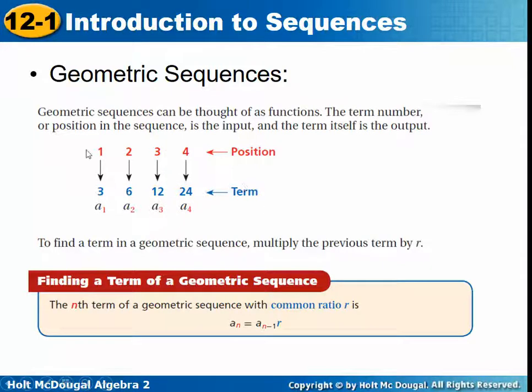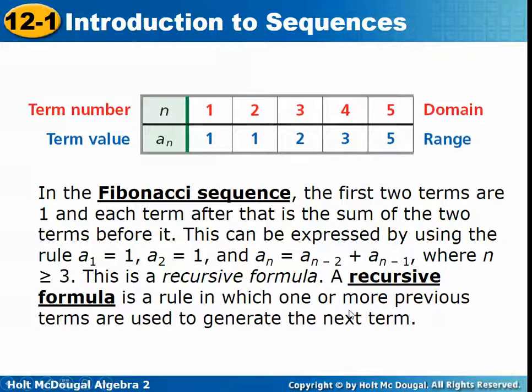The input is the term number, and the term itself is the output. To find a term in a geometric sequence, we multiply the previous term by r. So to find a sub n, you take the term before it and multiply by r. Now that is not going to give you just any term. You have to know the one before it to do that. But that's the pattern for geometric.